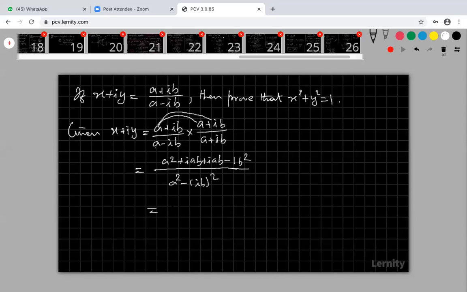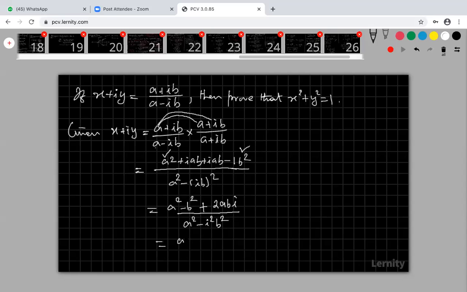So therefore this is a square, and in these two terms there is no i, therefore these two are called the real part, a square minus b square, plus this is also iab, this is also iab, so this will become 2abi whole divided by a square minus i square b square.